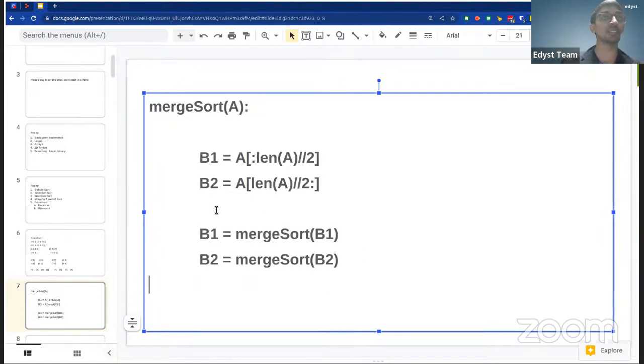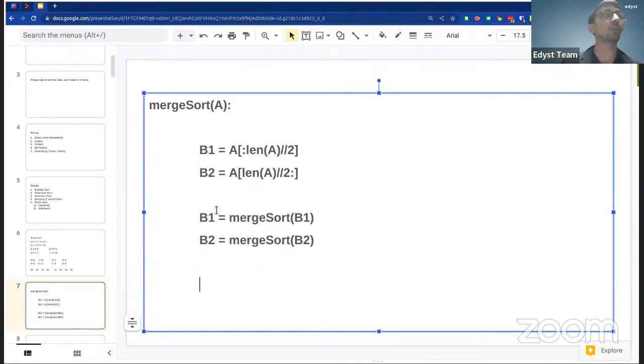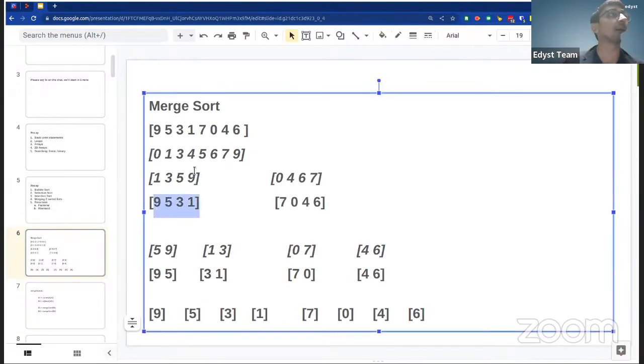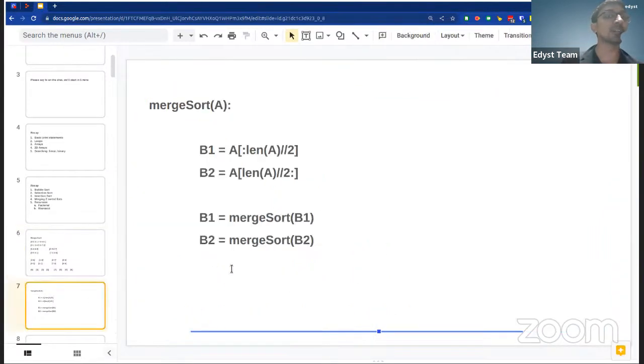After you've done this, after B1 and B2 both are sorted, what to do? I'll explain that part, don't worry. But 9531 and 7046, after applying merge sort, becomes 1359 0467. After they both got sorted, what to do? Combine them or merge them.